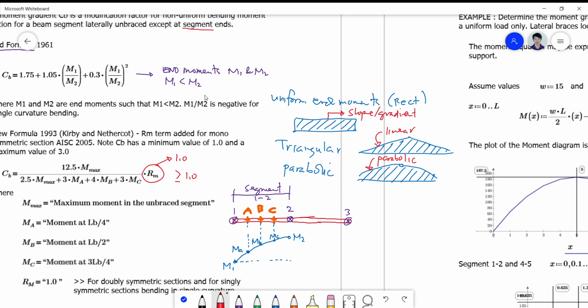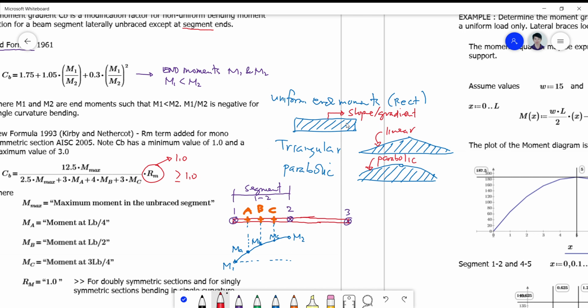So which formula fits most? So in general, it is said that the new formula is more applicable for nonlinear variation of moment with no reversal of curvature, and this formula here is not practical to use on moment diagrams with a very small variation of magnitude.